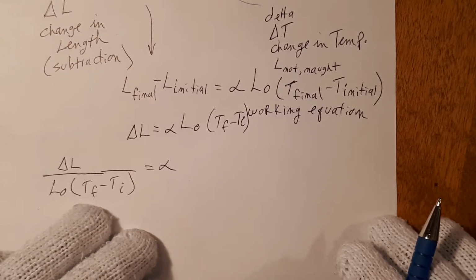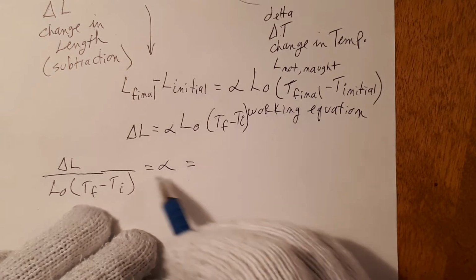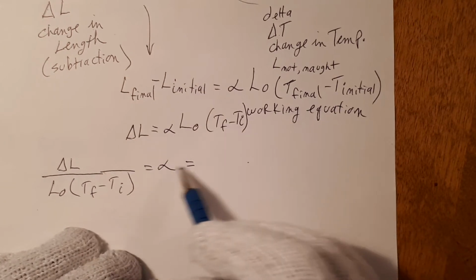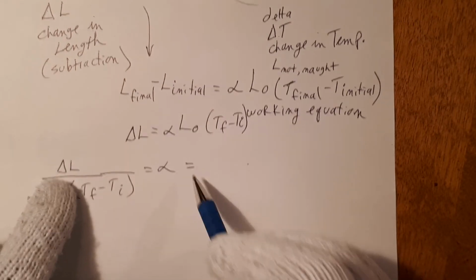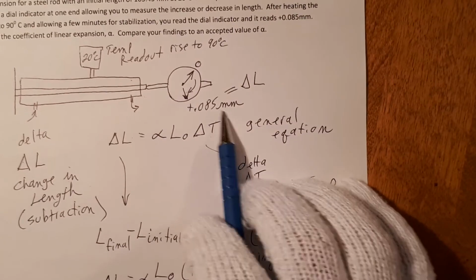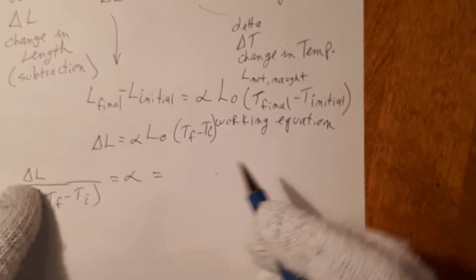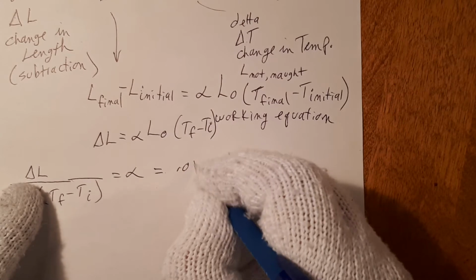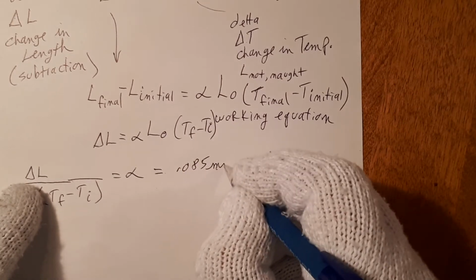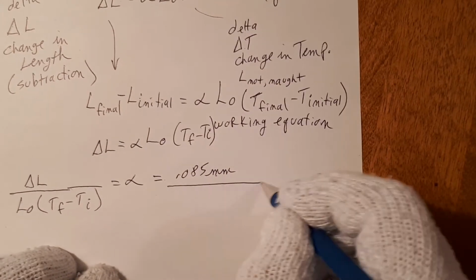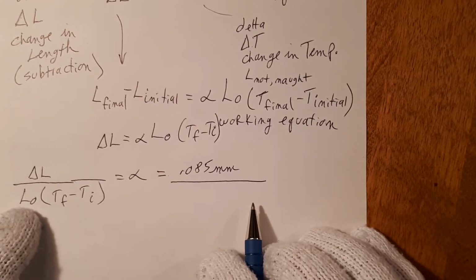Putting in the numbers now: alpha is equal to the change in length. We determined the change in length by this dial indicator, 0.085 millimeters, divided by L naught, the original length.